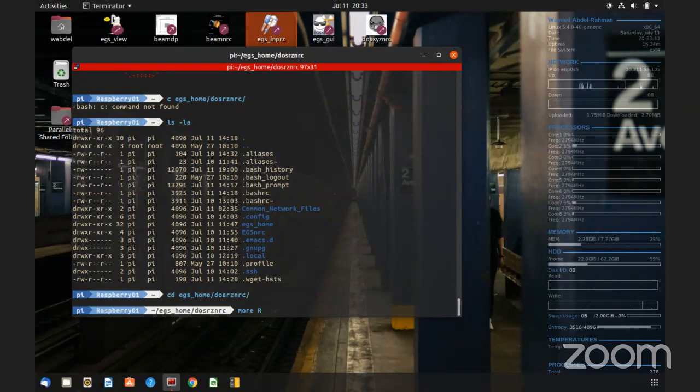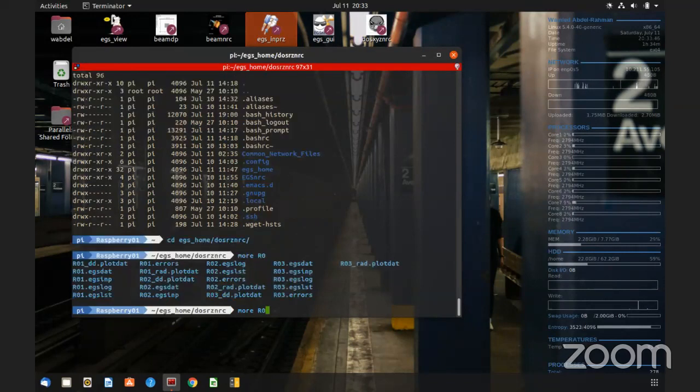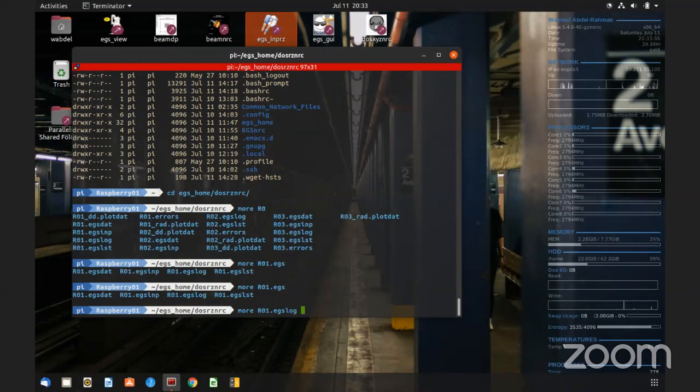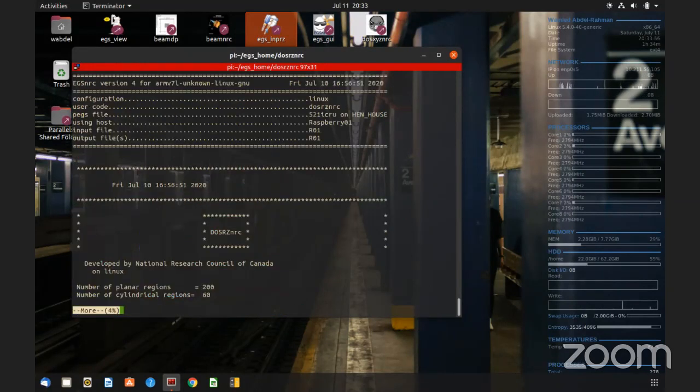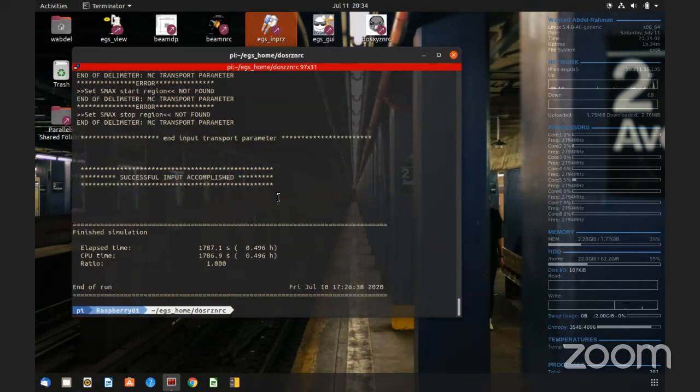So Raspberry Pi 1, that is 01, and then we have the EGS log. This is the log file, because I want to know how long it took to simulate.